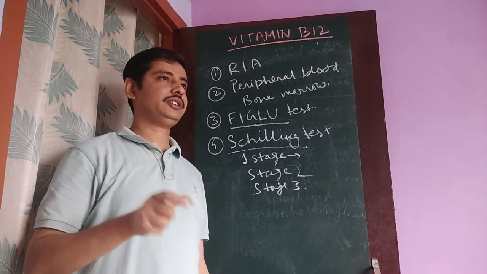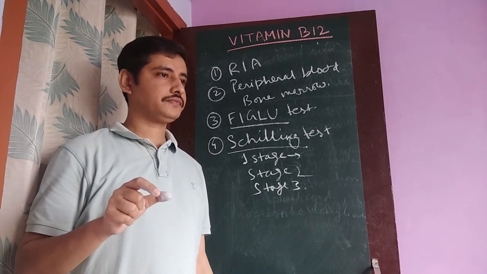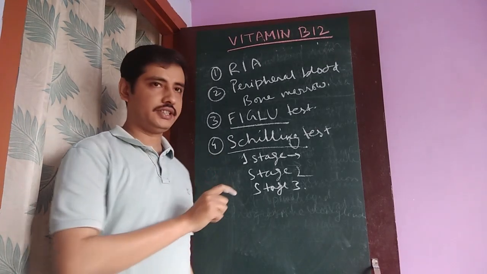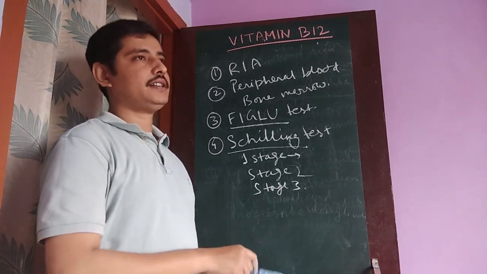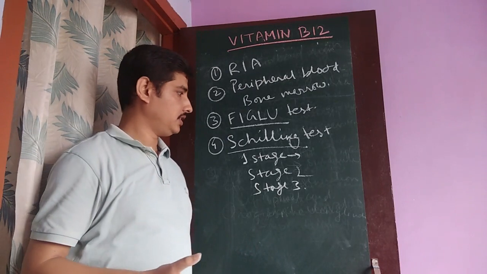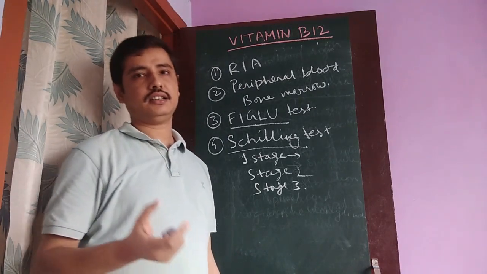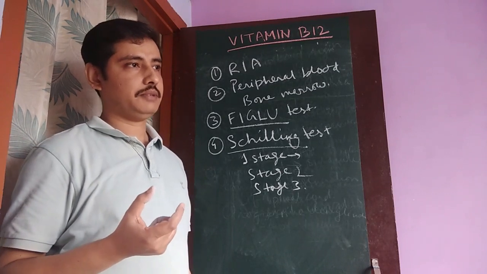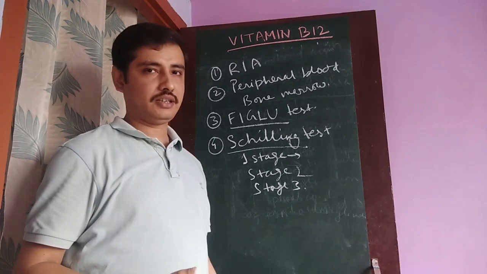So after 2 weeks of antibiotic therapy, we go for stage 3, that is, we administer vitamin B12 orally and estimate the amount of vitamin B12 in the urine. If the cause is overgrowth of bacteria in the gut, then there will be normal absorption.